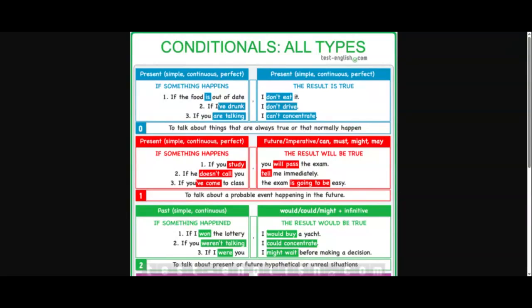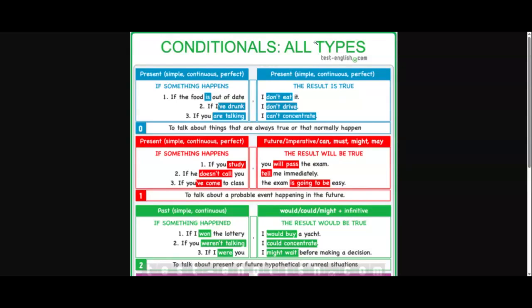You learn conditionals for plans and predictions, which were conditionals with present plus future. You learn conditionals to talk about instructions and advice, which were a combination between imperative and present. And then you learn conditionals for general facts, which were present plus present.